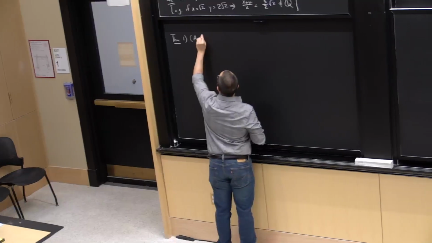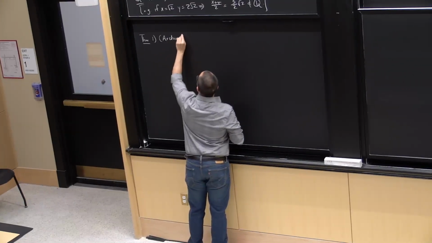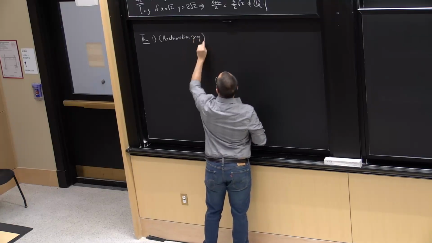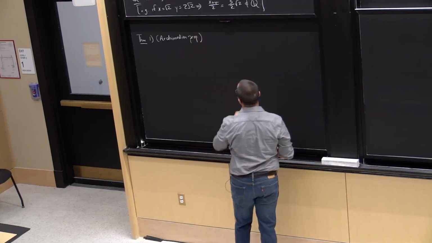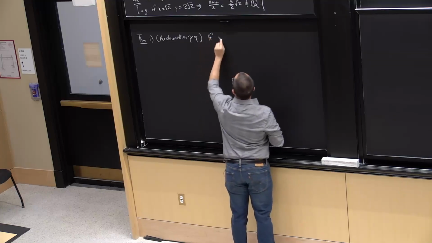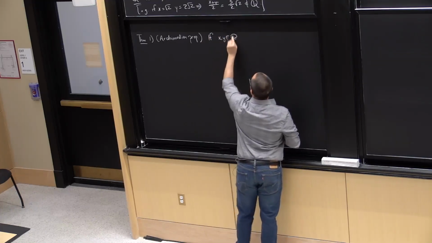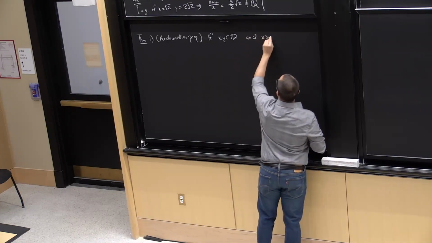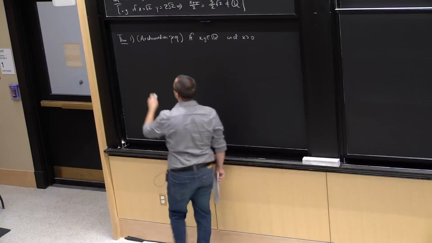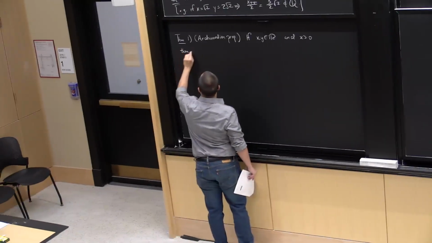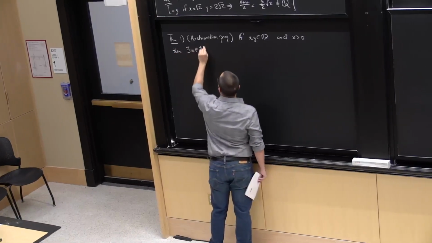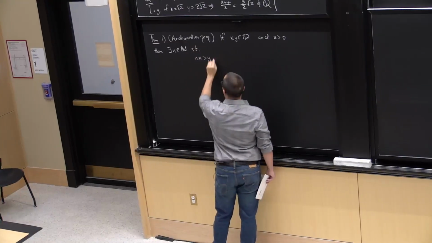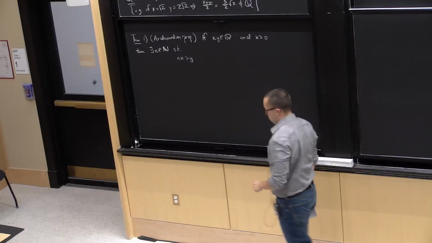The first is called the Archimedean property of R. The statement is: if x and y are in R, and x is positive, then there exists a natural number n such that nx is bigger than y.